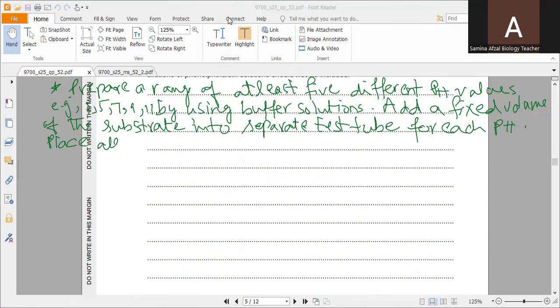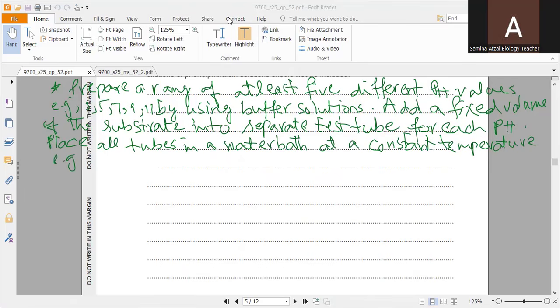Place all tubes in a water bath at a constant temperature. For example, 30 degrees centigrade.